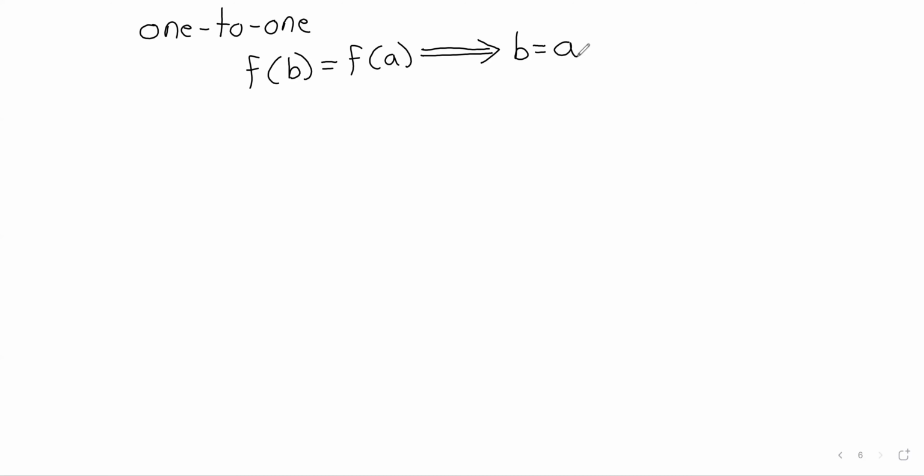So x squared is not 1-to-1 and does not have an inverse, because 2 goes to 4 and -2 goes to 4, and 2 and -2, of course, are not the same number.